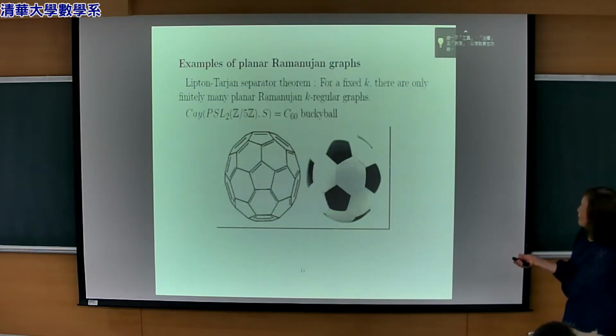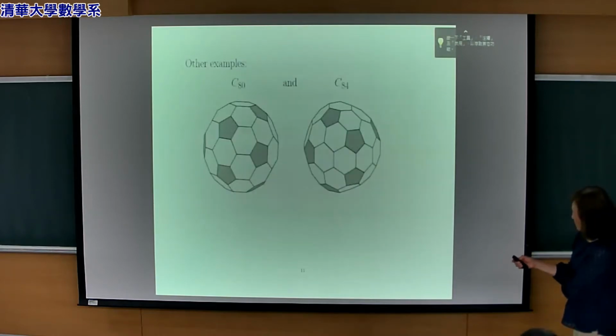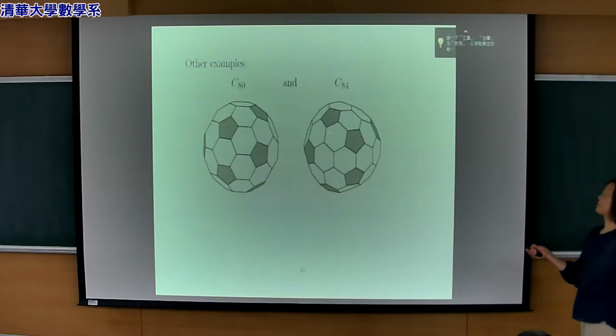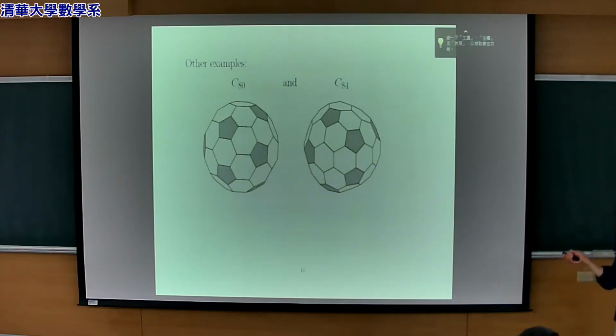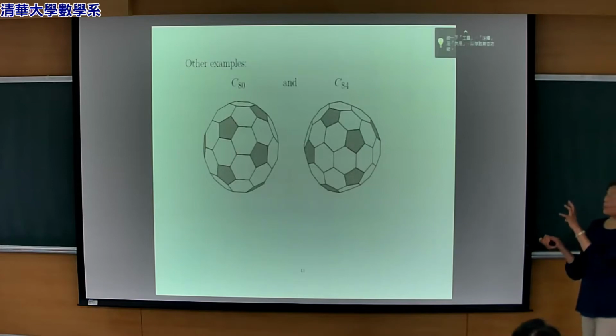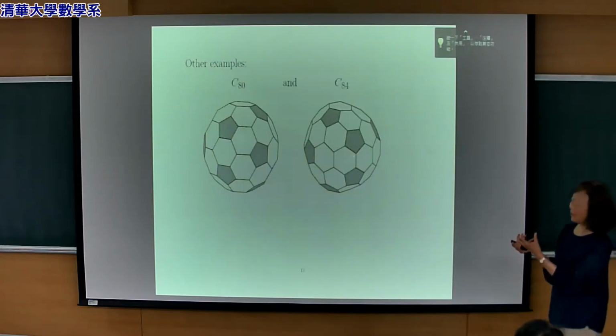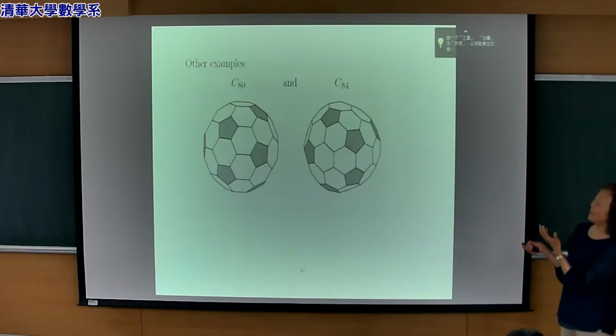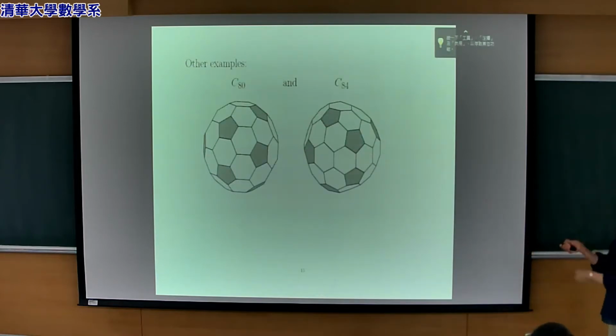If we change the location of the pentagons, we can squeeze in more vertices, like you have C80 in this case, and in this one you have C84. Okay. So we have seen 3 examples of Ramanujan graphs, which you can draw on the surface of a sphere, or are planar. And it's a theorem that there are only finitely many Ramanujan graphs of this kind.